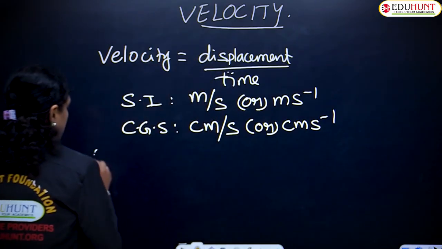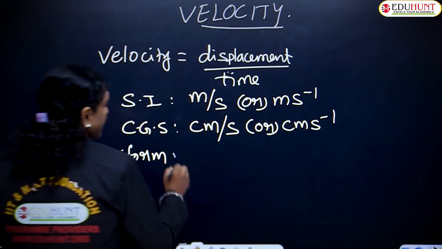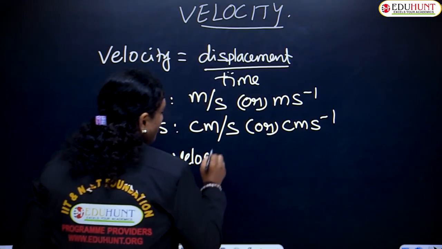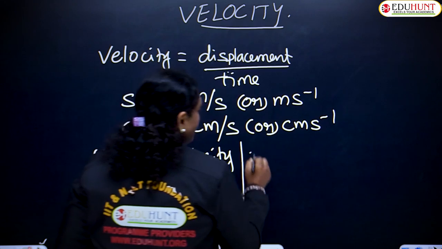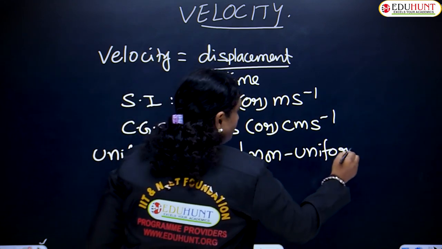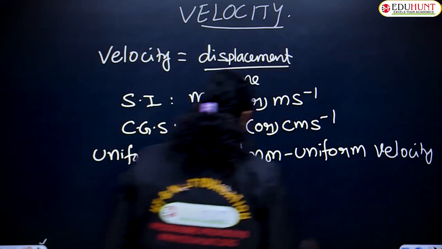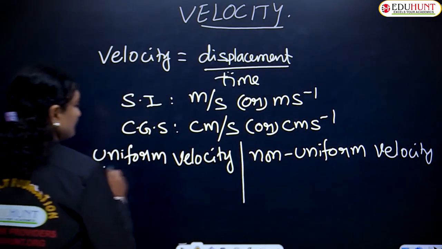So, velocities are generally classified into two types. One is uniform velocity and the other is non-uniform velocity. So, what is uniform velocity, children?